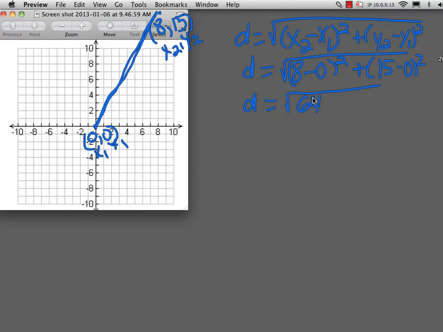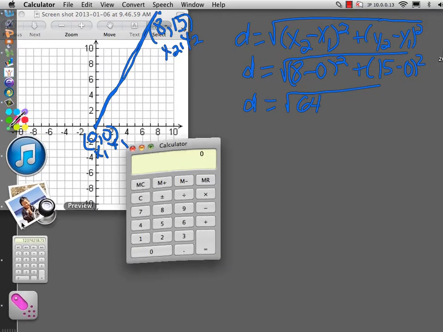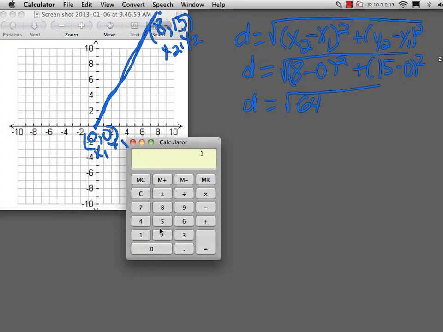Let's pull out a calculator to get 15 squared: 15 times 15 is 225.